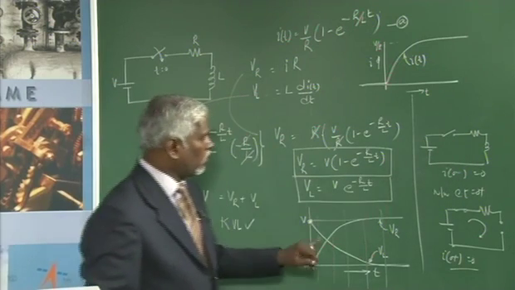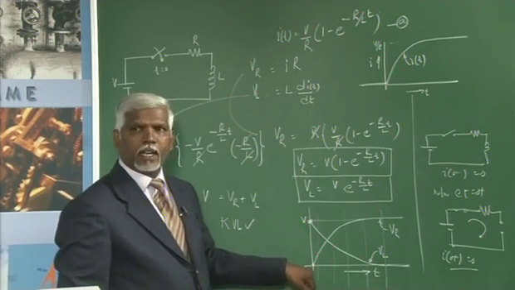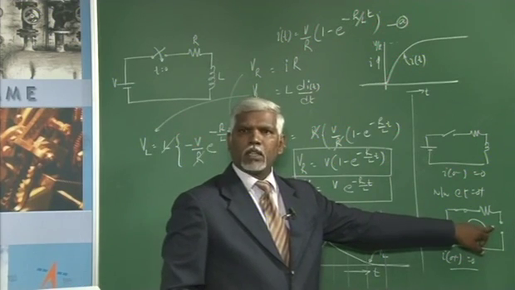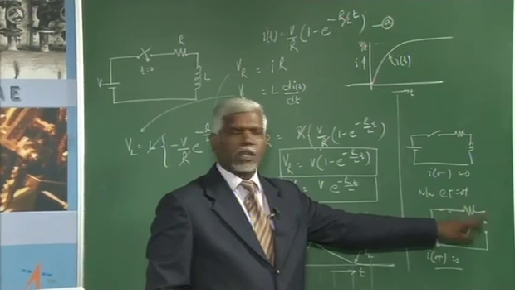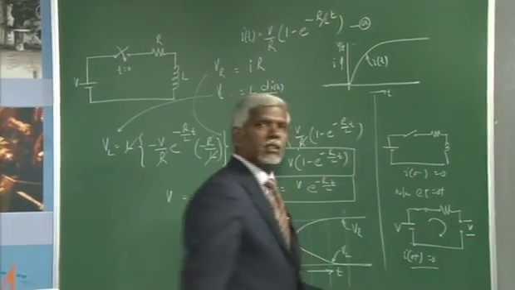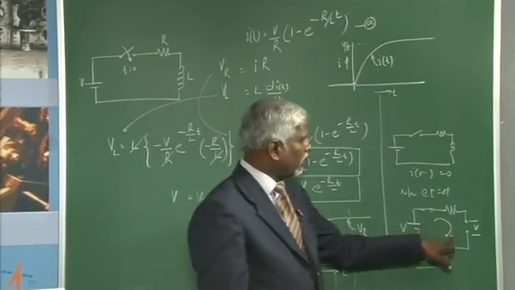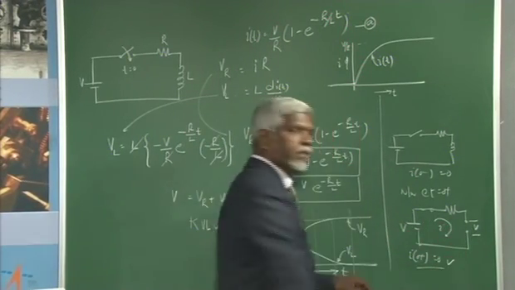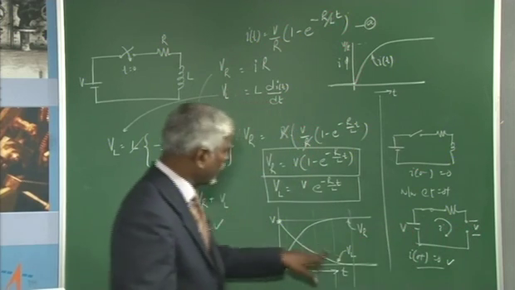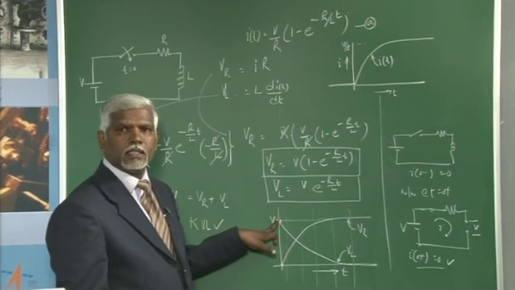At t equal to 0 plus, immediately after switch is closed, your inductor behaves as an open circuit. Inductor acts as open circuit means all the voltage V appears across this. There will be no current, current is 0, but the voltage across the inductor is nothing but V, that is what is indicated by this.